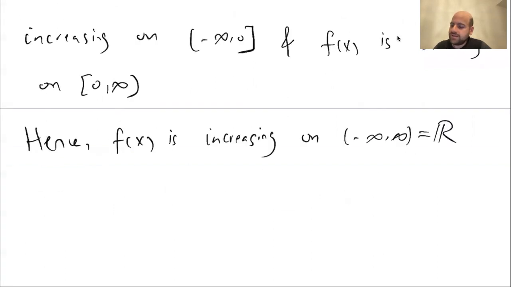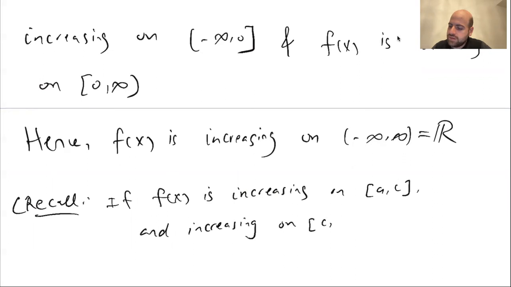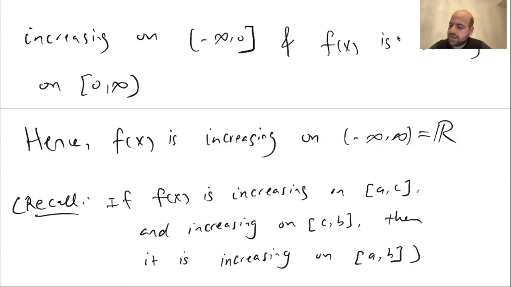Recall, if f of x is increasing on A to C and increasing on C to B, then it is increasing on A to B. See the example above.